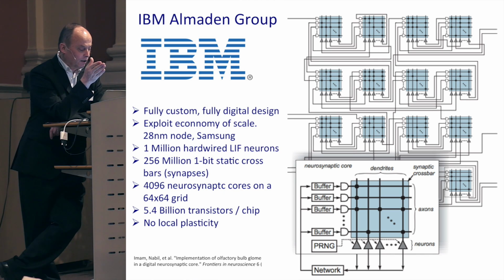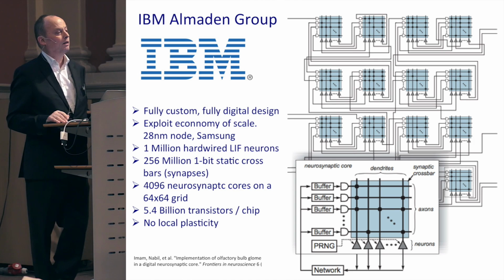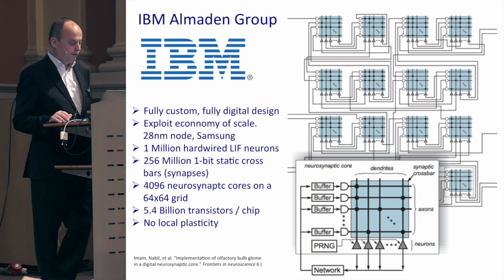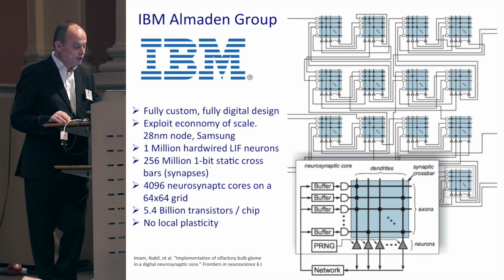Nobody else is doing that, and they can do it because it's fully digital. They have 100 million neurons on one chip, which is unheard of. It's absolutely spectacular. These are leaky integrate-and-fire neurons, the simplest neuron model you can think of. It's just integrating information. If you reach a hard threshold, it just fires and resets. There are 256 million synapses.